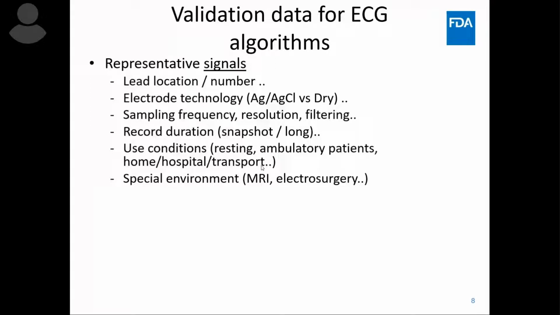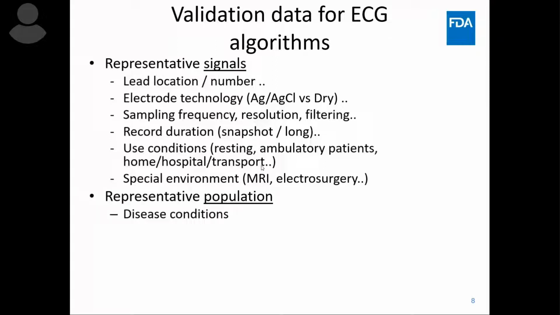We need to have the same or similar sampling frequency, resolution, filtering, and record duration, snapshot versus like 24-hour recording. Use condition: resting ECG versus an ambulatory patient who maybe is walking or running, which may have a different amount of artifacts. For example, use at home, hospital, transport, special environment.